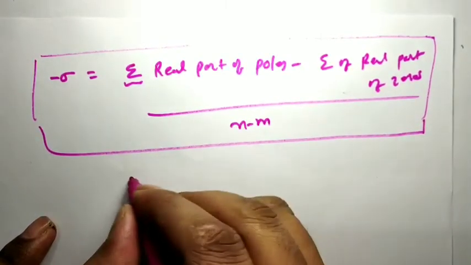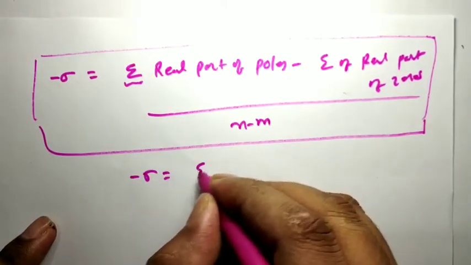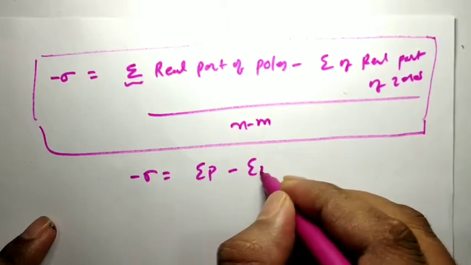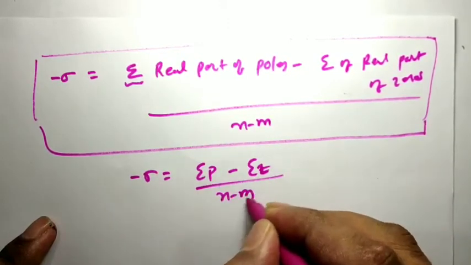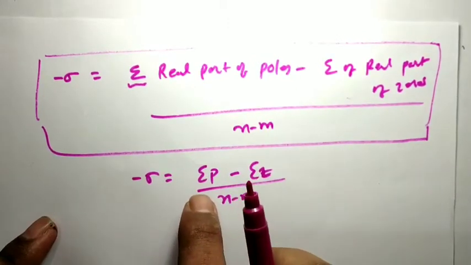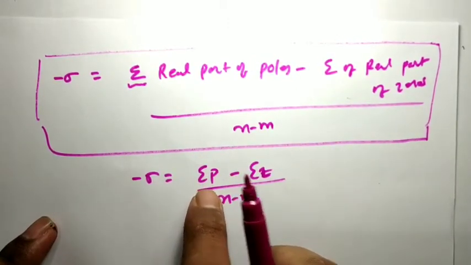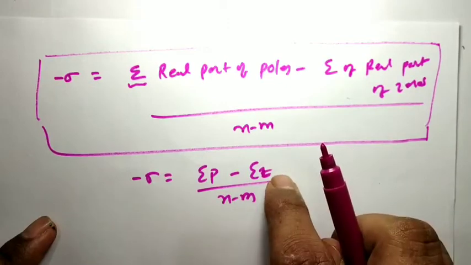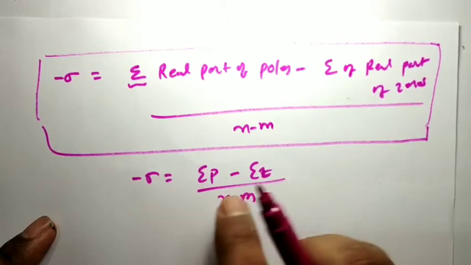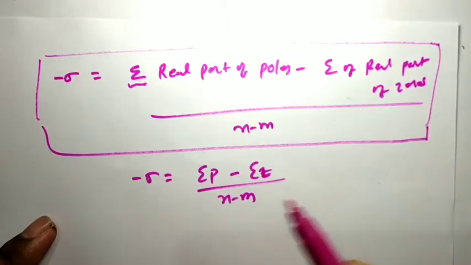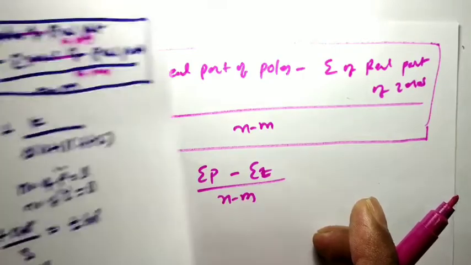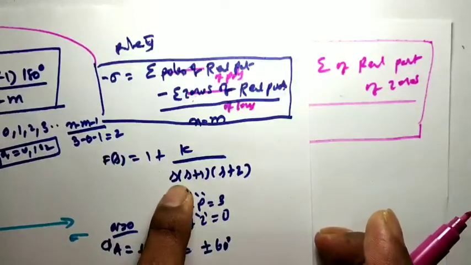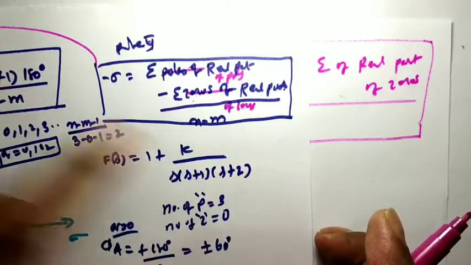Simply you can write minus sigma is equal to sum of poles minus sum of zeros, but you have to remember it is only the real part of zeros and the real part of poles. So that's what we have to remember here. So what is the real part of poles here? If you just see the diagram, S is equal to 0, S is equal to minus 1, S is equal to minus 2.